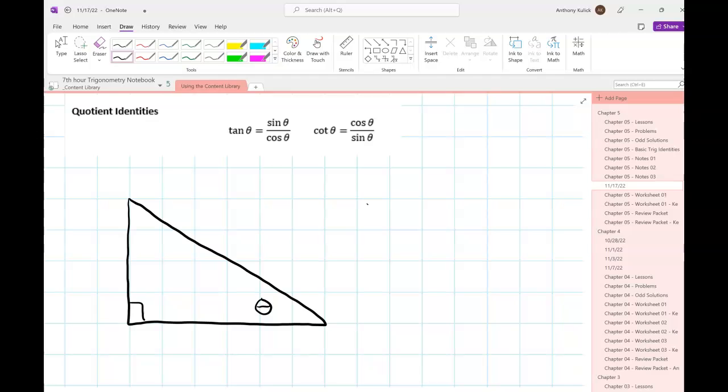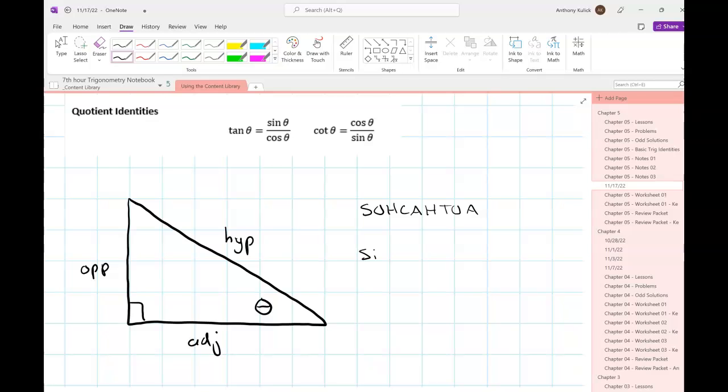It's a right triangle, so we can think about SOHCAHTOA, right? So this side here would be the adjacent side. This would be the opposite side, and this would be the hypotenuse. Everybody cool with that?